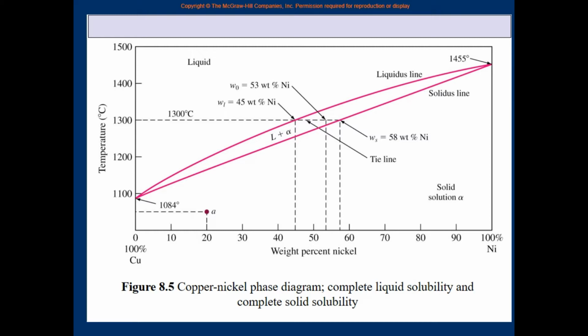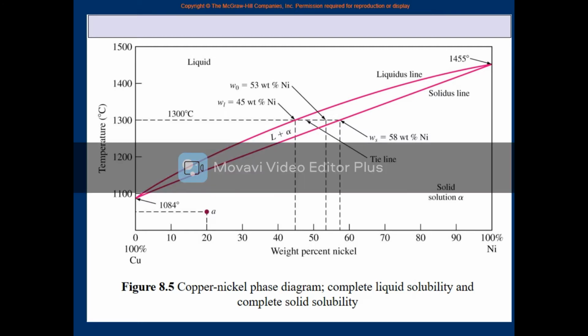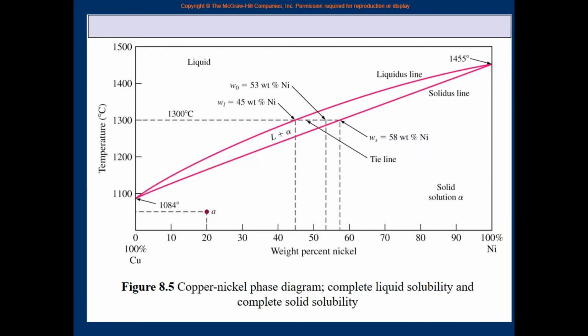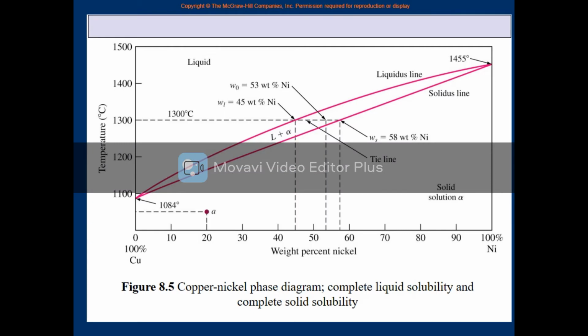If you give us a phase diagram, say of copper and nickel, if you give us an original composition of the alloy which we want to study, here a 53 weight percent nickel alloy, and if you give us a temperature, here 1300 Celsius, then your first question is that for a 53 weight percent nickel alloy at 1300 Celsius, what phases will be present?